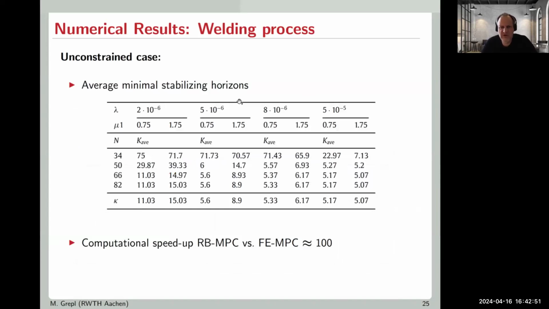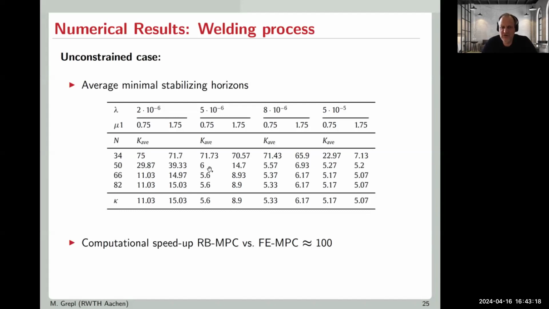Here are some average minimal stabilizing horizons. The lowest row here, again, are the finite element minimal stabilizing horizons. You can see now a little better, because the problem is a little more complicated, that as we increase n, so as our reduced order model becomes more accurate, the minimal stabilizing horizons match the finite element ones.